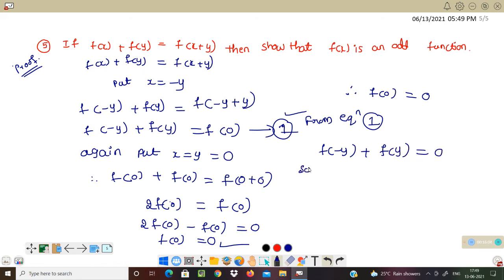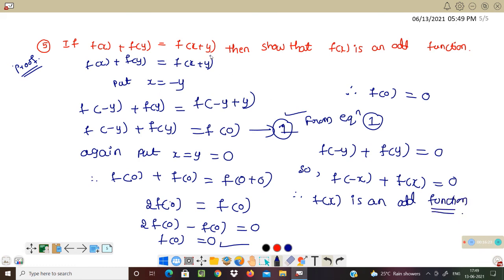So you can say that f of minus x plus f of x is also equal to 0. Therefore, we can say f of x is an odd function. See, because they told us to prove that f of x is an odd function. See why we have done like this? Because we have to prove this is an odd function.